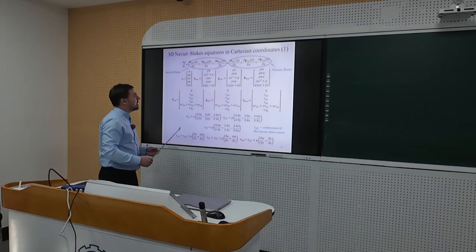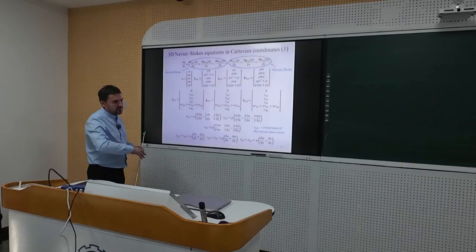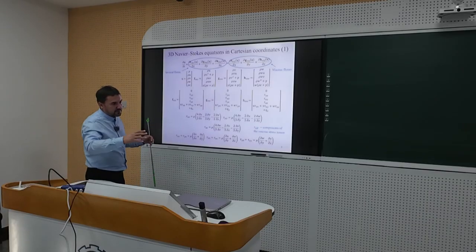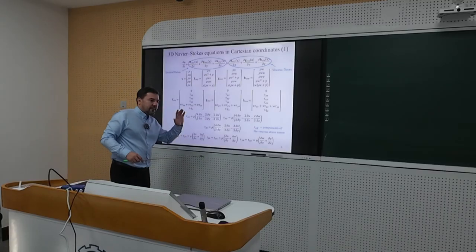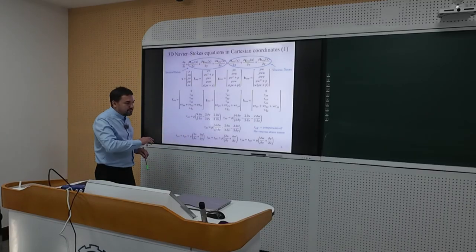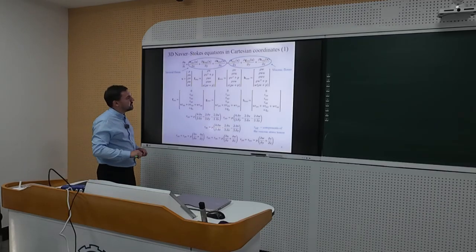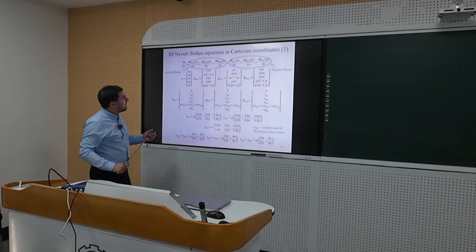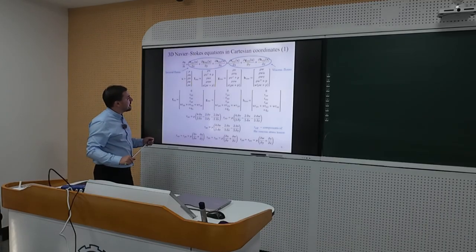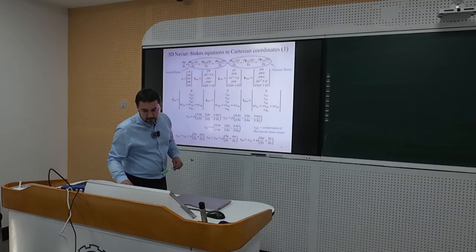For example, if you need to solve this problem for the simulation of flow in an engine or flow around a spacecraft or airplane, you should have computational grids with millions and billions of computational cells, and in each cell you should store this vector of conservative variables and so on and so forth. So that is why it's very difficult for the numerical solution.